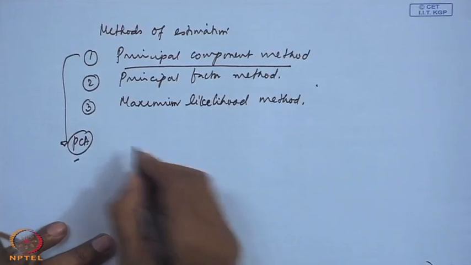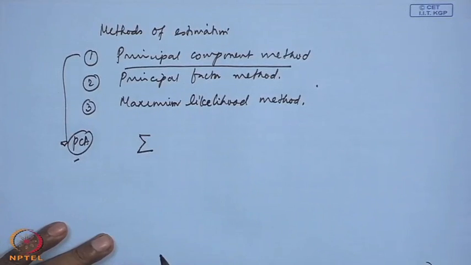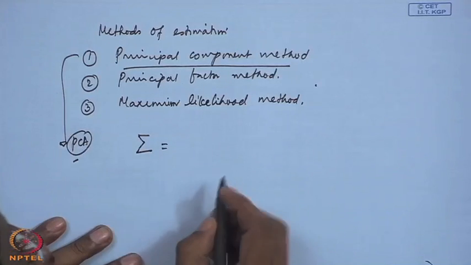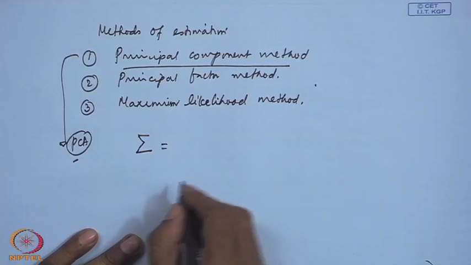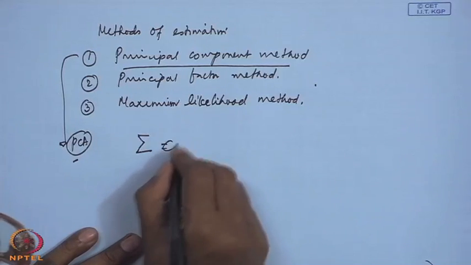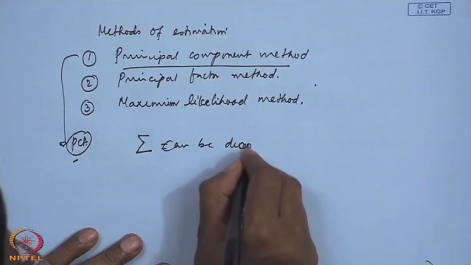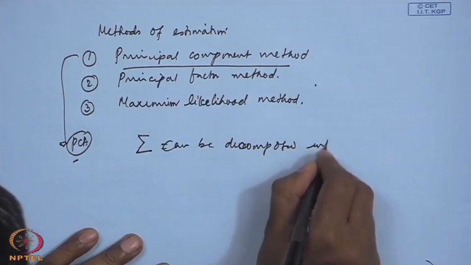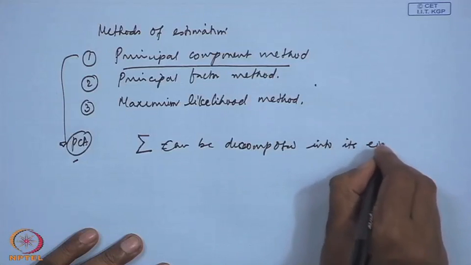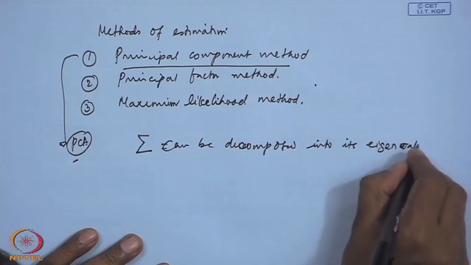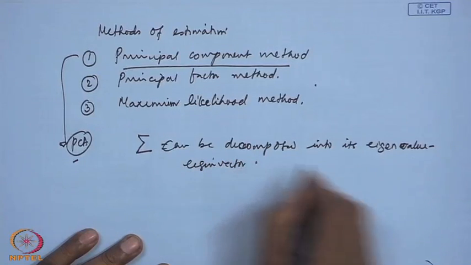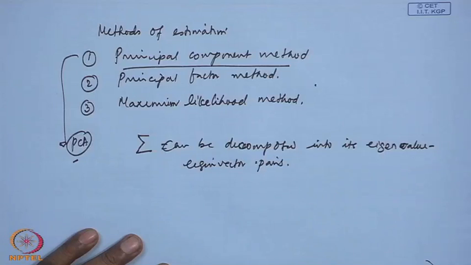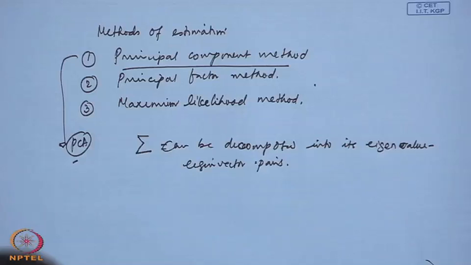In PCA, you considered the population covariance matrix, and we say that this can be decomposed into its eigenvalue and eigenvector pairs.